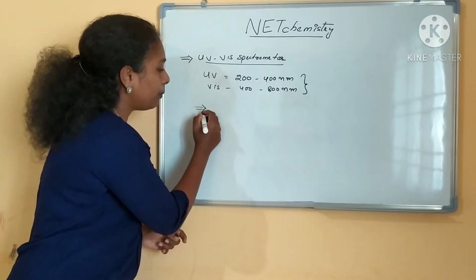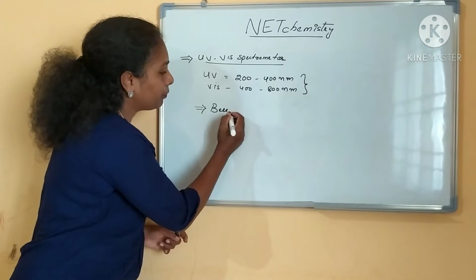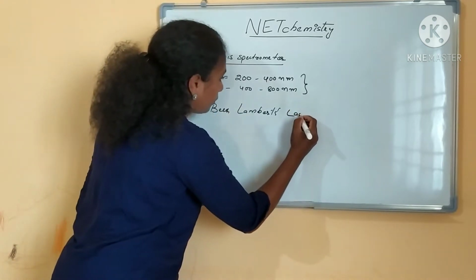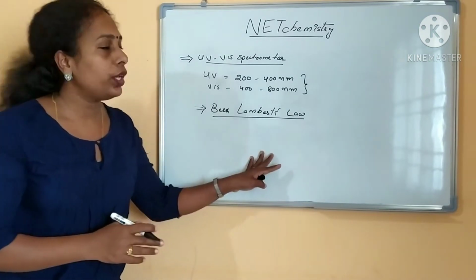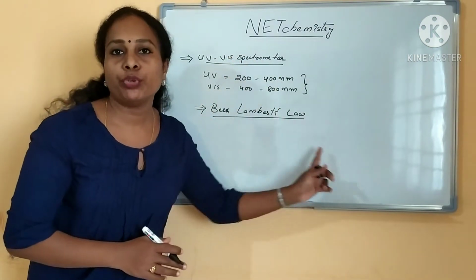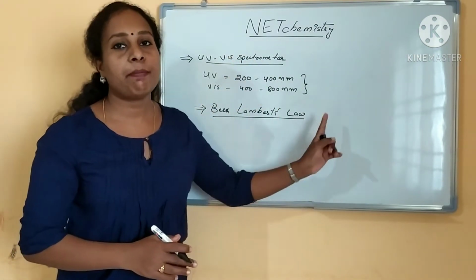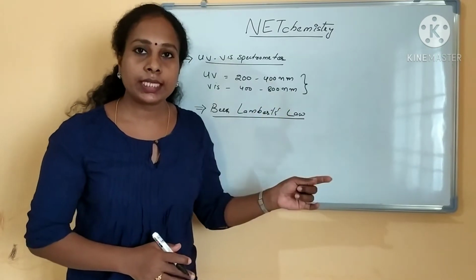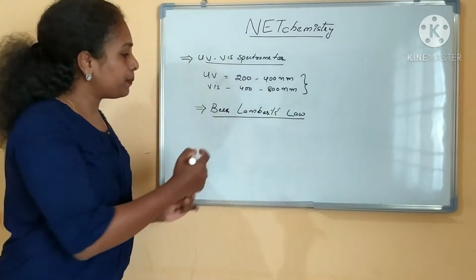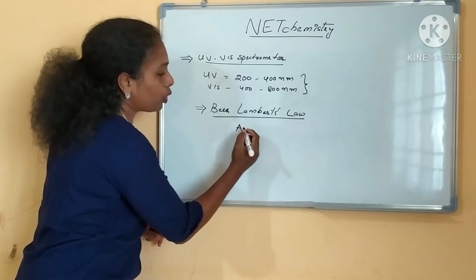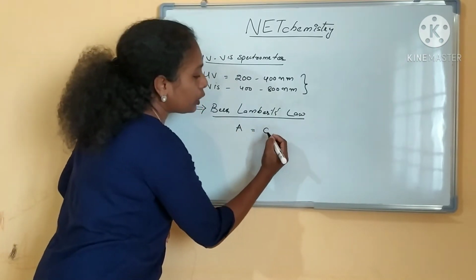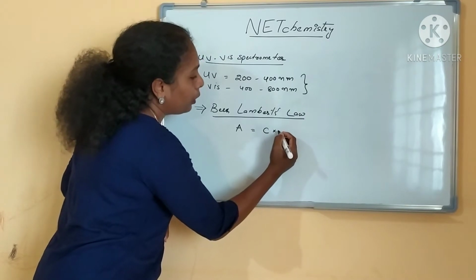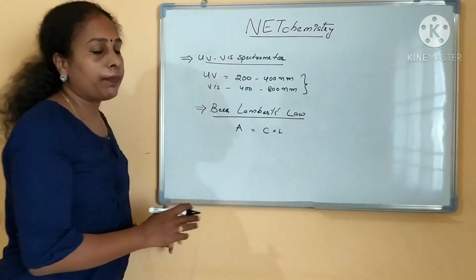We know it, Beer-Lambert's law. Based on this law only, the UV-visible spectrometer works. What does this law state? It states that the absorbance of a sample is directly proportional to the concentration of the sample and the length of the sample cell.